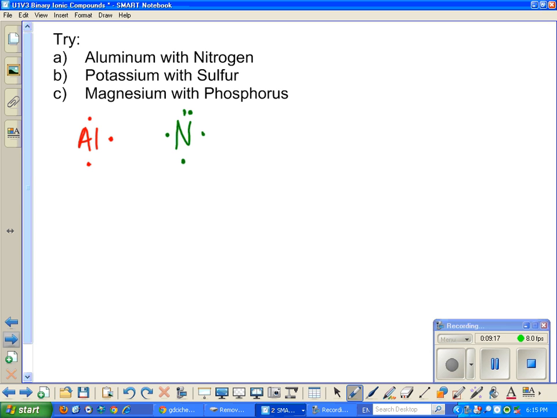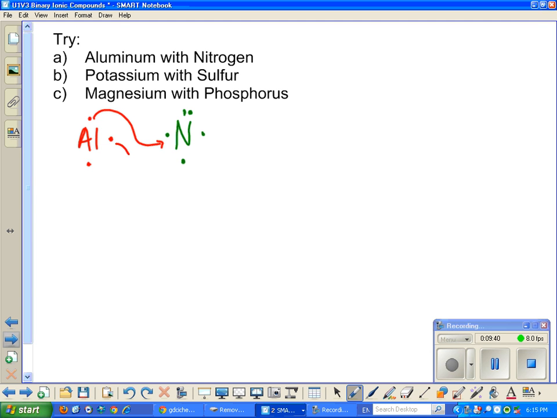And so let's ask ourselves, how can aluminum and nitrogen complement each other so that they both get full outer shells, but there's no AWOL electrons? Every electron that's lost by the metal is gained by the nonmetal. Well, sure enough, we notice that aluminum could lose an electron, and it could go to nitrogen right there to help contribute towards its outer shell.